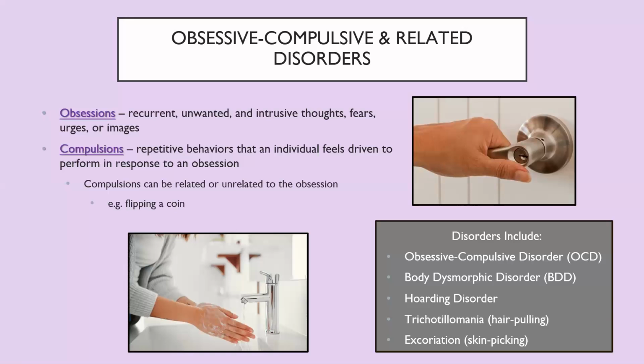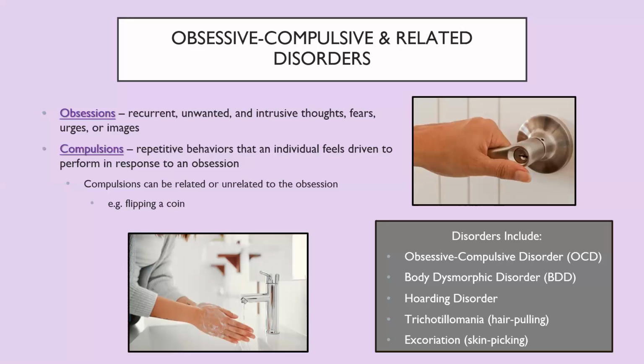And this is usually the case when there's not actually something statistically abnormal about that body part. So they might have a very average looking nose, or maybe it's only slightly large. If they have body dysmorphic disorder, they might think that it is extremely large. It's all they can focus on. They have obsessive thoughts about it. They might constantly check their nose in the mirror, things of that nature.